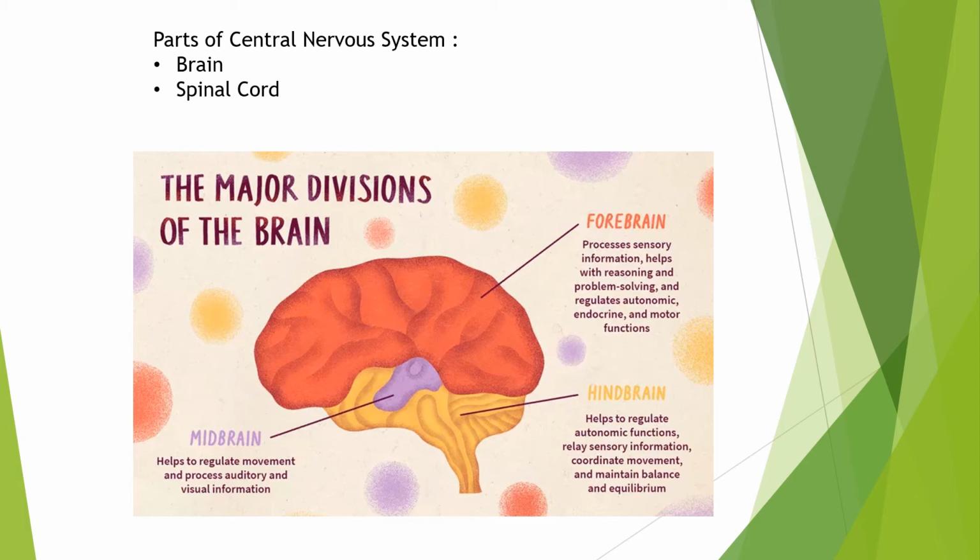It also produces many important hormones, and overall control of voluntary actions also depends on the forebrain. Then the midbrain is concerned with sight and visual reflexes. It controls the eyesight or the sight capabilities of a person.